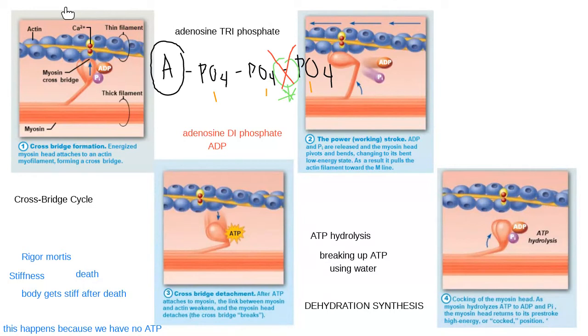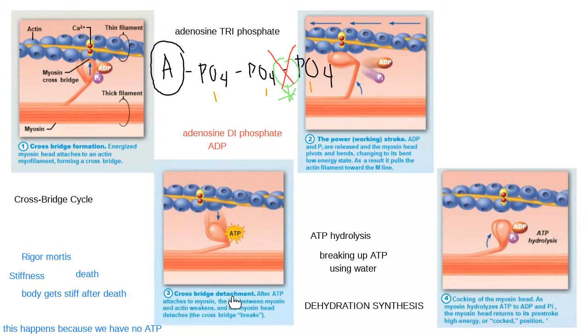Before I use it for energy, what do I use it to help me do? Yeah, so here's where I use it for energy, when I cock the myosin head. Yeah, there we go. Kira mentioned it. The first thing you actually use ATP to do is this.